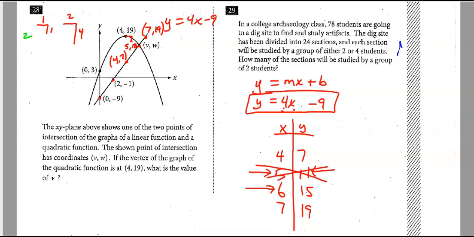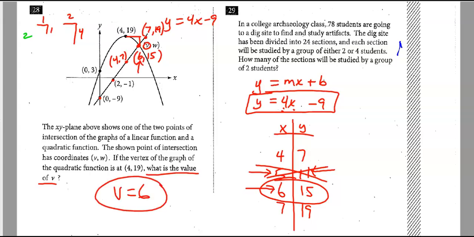But if we go over 2, down 4, that gives me the point that satisfies my parabola, but it also satisfies my line. So I know the intersection point is 6, 15. They want to know the value of V. V is that x value, which is 6. So the correct answer here is V equals 6.